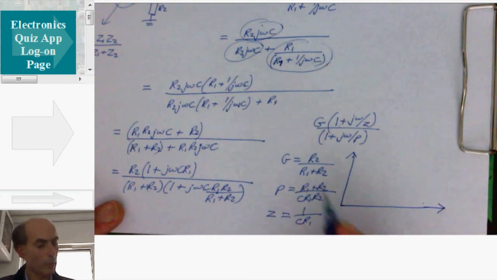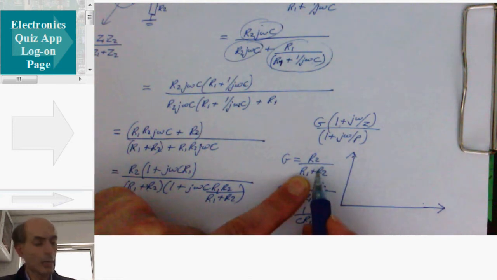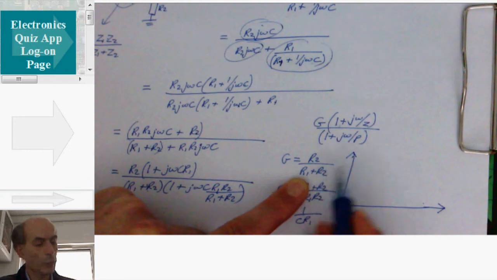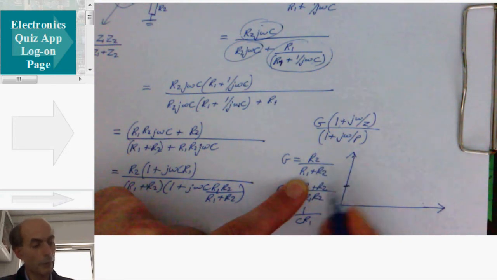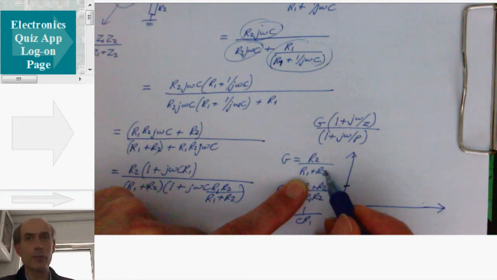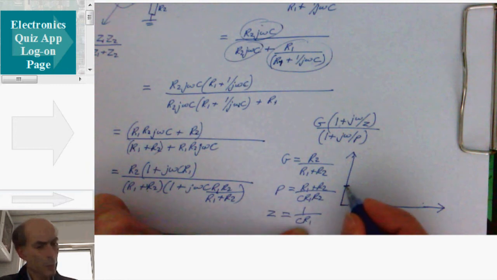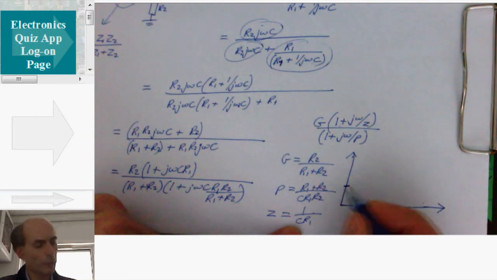And again, if we wanted to plot what that looks like on a Bode plot, we would end up with something like, well, we're not starting at 0 dB anymore. At very low frequencies, we would start off with a loss given by whatever R2 over R1 plus R2 is in dBs. We would then come across a pole, and here the pole is at a higher frequency than the zero, so the first thing we'd come across is the zero.